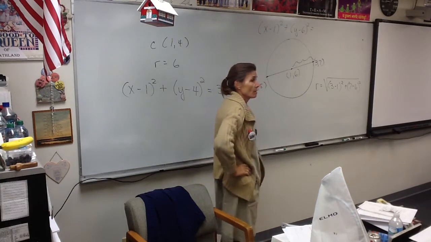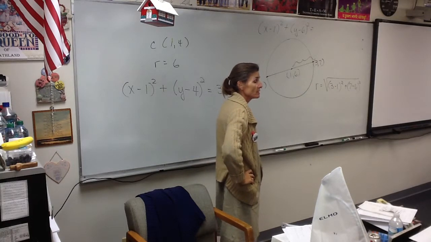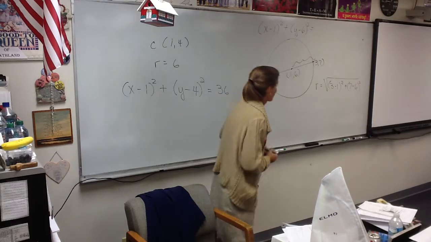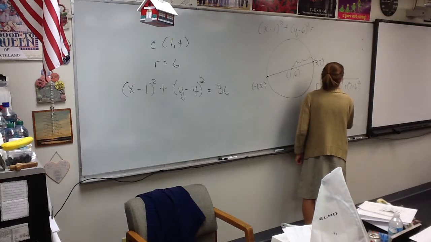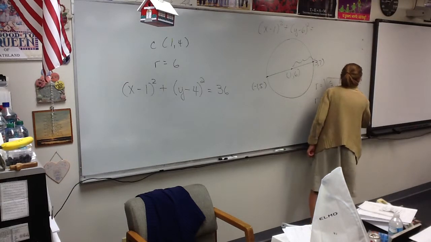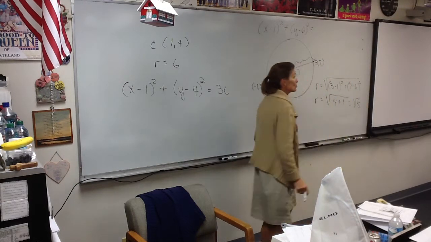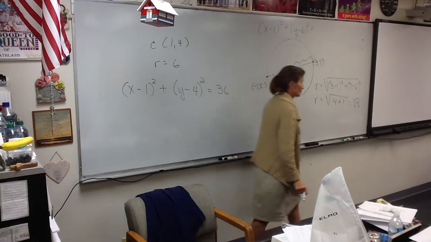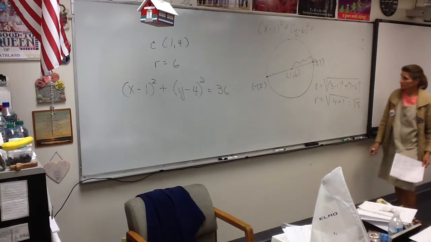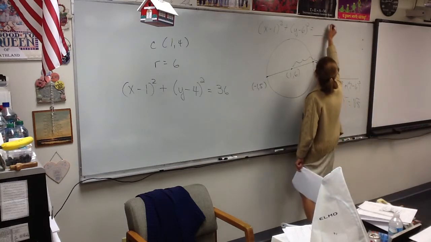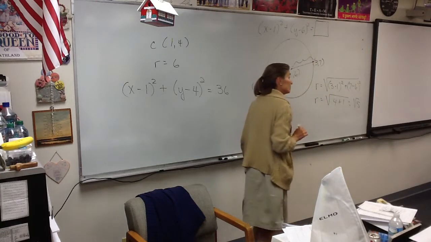Everybody okay with that distance formula? So what's that equal? 4 plus 1, yeah, root 5. So the radius is root 5. Katie, Thomas, what am I going to put right here? Square root 5.